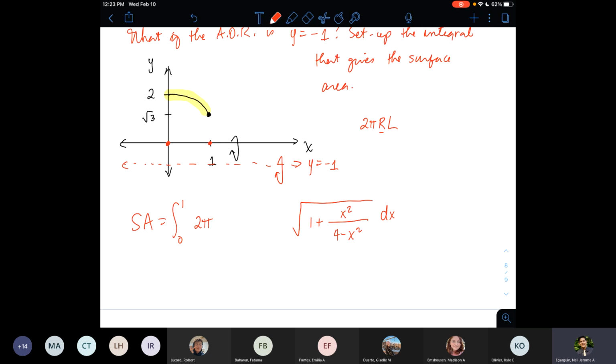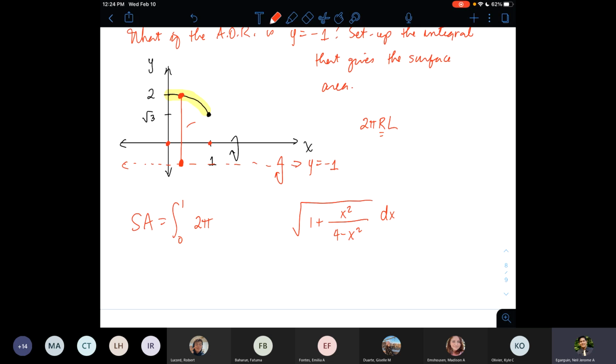But the radius that comes in this problem is different because remember, the radius for the surface area is measured from the axis of revolution towards the arc. And that's how I define capital R. That's the distance between the axis of revolution and the curve, right?